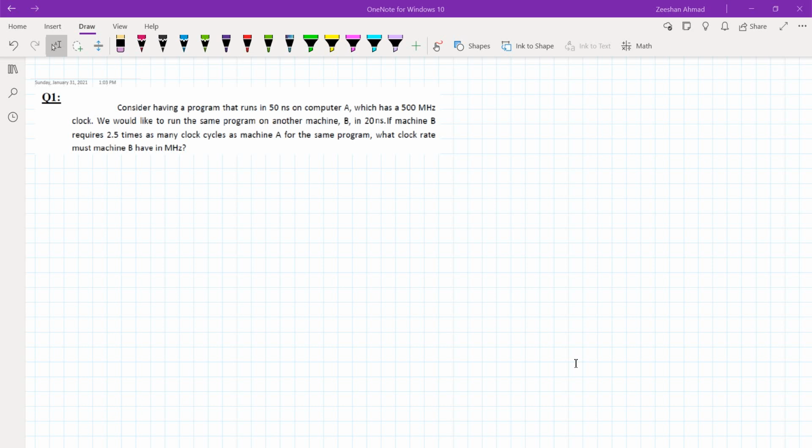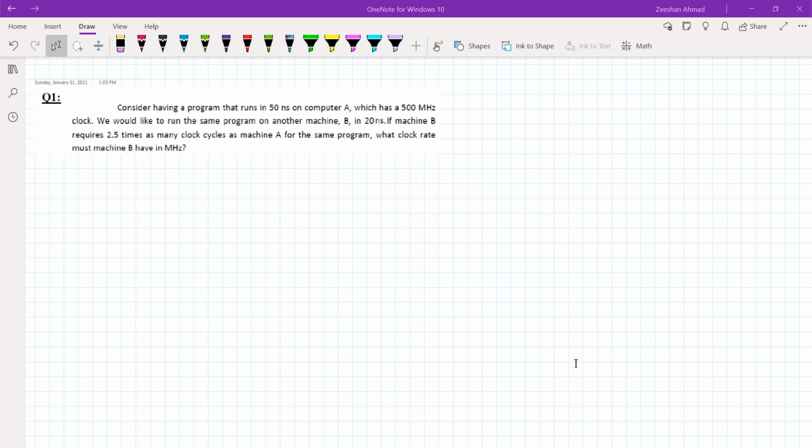Now he also gives you a hint that if the number of clock cycles, like the cycle count for machine B is 2.5 times more than the machine A for certain program here, then what will be the clock rate of machine B in megahertz here?